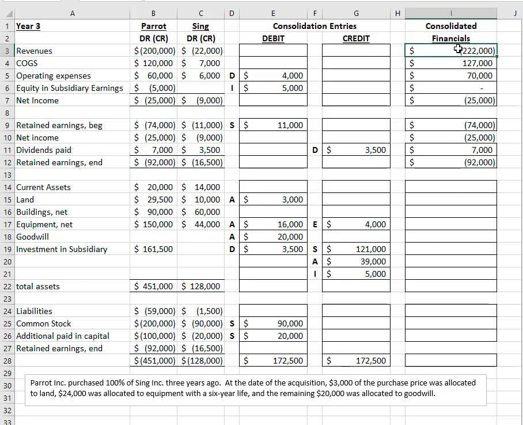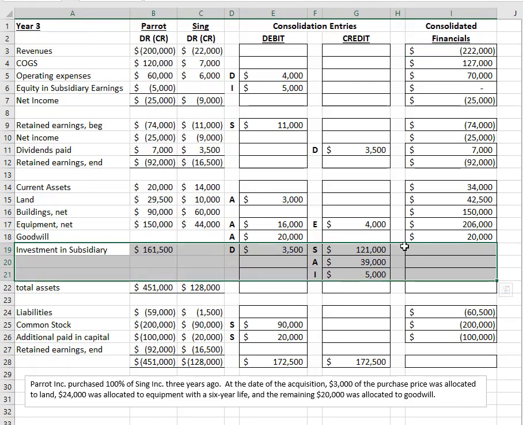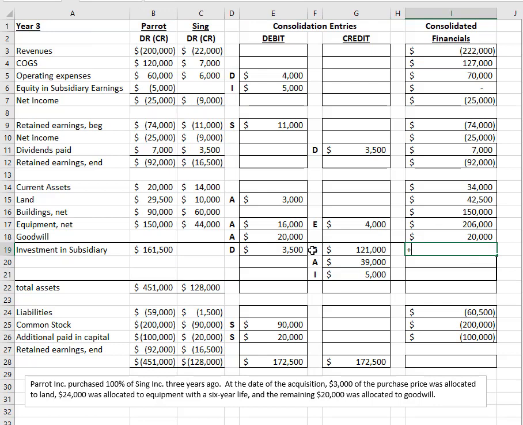Okay, and then for assets, let's see if our balance sheet balances, fingers crossed. The investment in subsidiary, all these lines here belong to that one account. So I can't use the regular math. I have to do that one manually. So this plus that minus these three things, hopefully a 0. Okay, good. That's the beautiful thing. Now I'm going to do a vertical and see what the total is. Retained earnings comes from above.